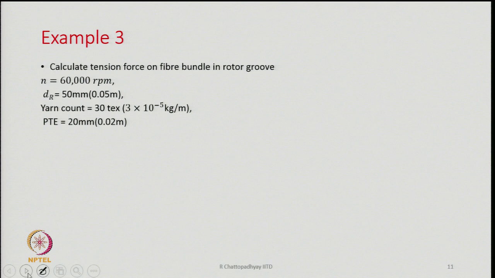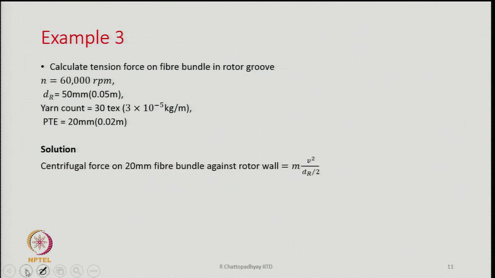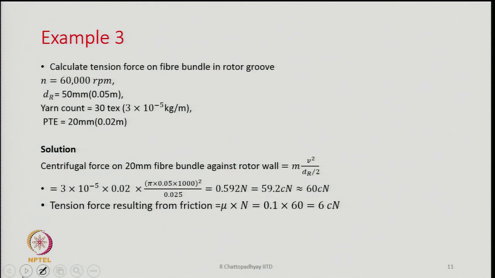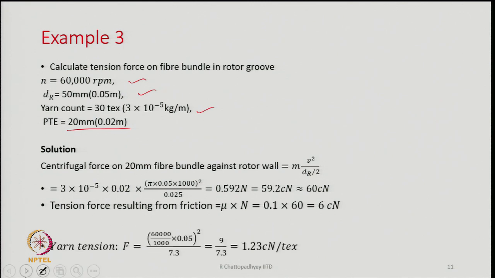Another example: calculate the tension force on a bundle of fiber in the rotor groove from the following data. The data is: speed is given, diameter is given, count is given, and PT zone 20 mm is given. So, we are trying to find out how much tension is there.